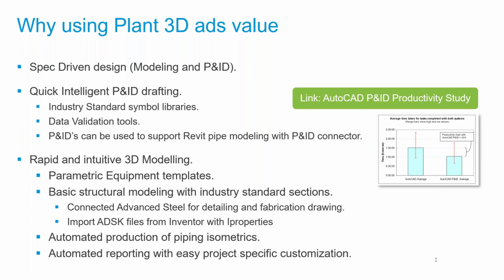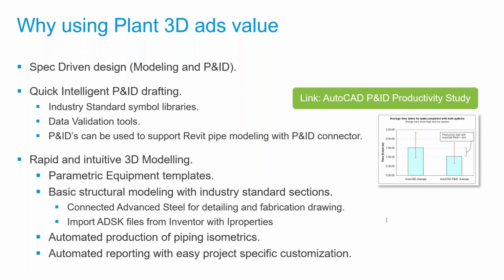The equipment have templates. You can build the equipment on your own, or you can import equipment, and these are parametric. It supports structural modeling with industry standards. You have a very strong workflow between AutoCAD Plant and Advance Steel for detailing and fabrication.